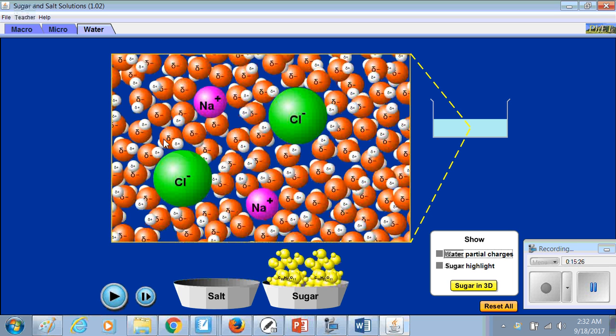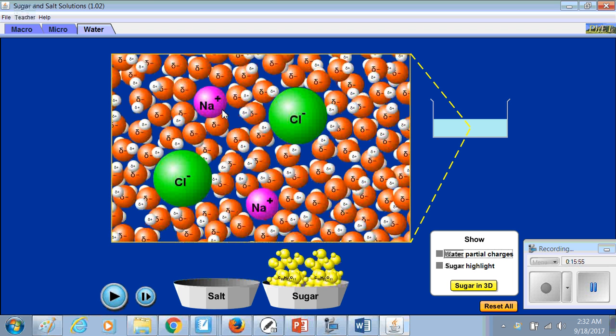And the negative end of water wants to be away from that negative ion. Whereas with the sodium, you've got a positive ion, so water is going to orient itself so that its slightly negative end, the oxygen end of water, is going to face that. You're going to be asked to draw particulate diagrams of solutions, and you're going to be asked to draw those diagrams with the water in the correct orientation.